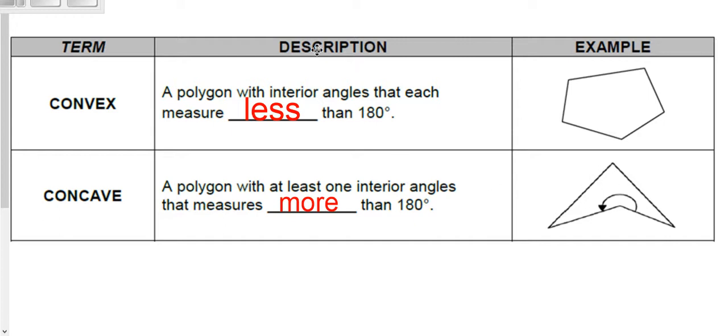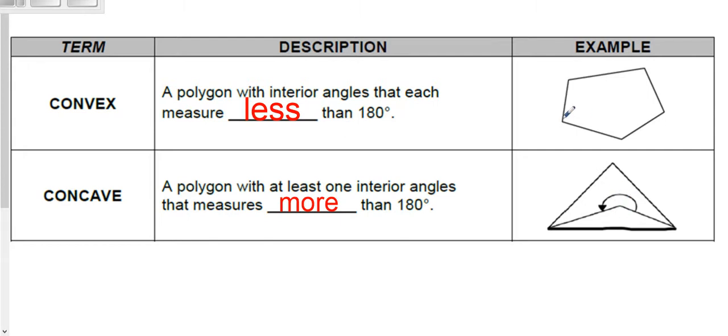One way I describe it is that it's kind of caved in here. It's dented in here. Another thing is, if you take a segment and go from one endpoint to another endpoint, and it's outside of the interior of this polygon, it's caved in, it's concave.